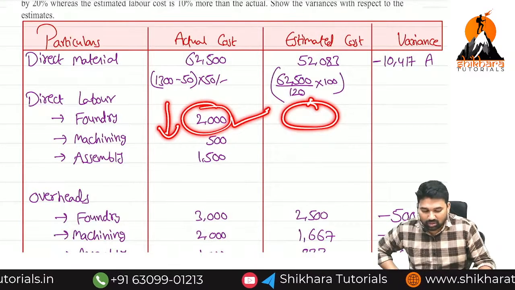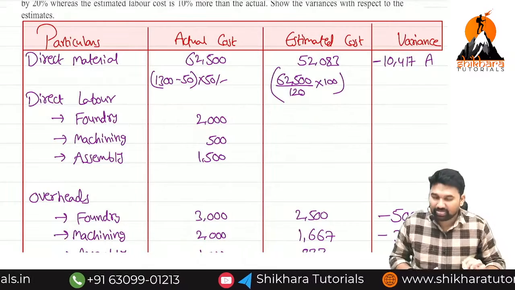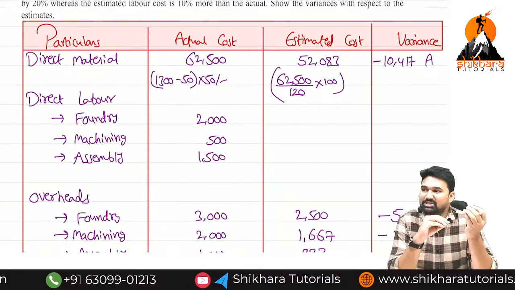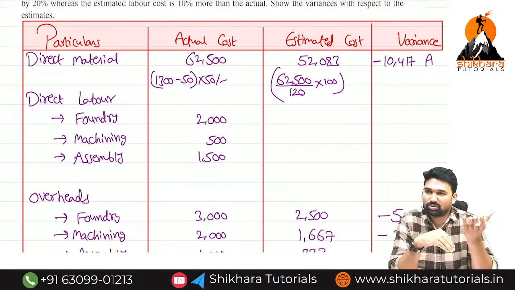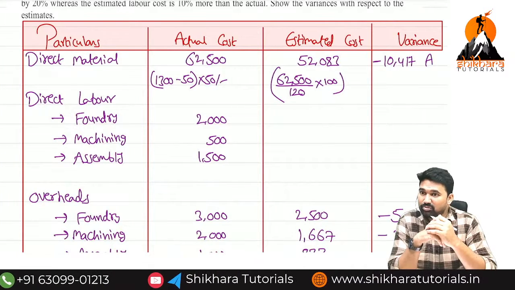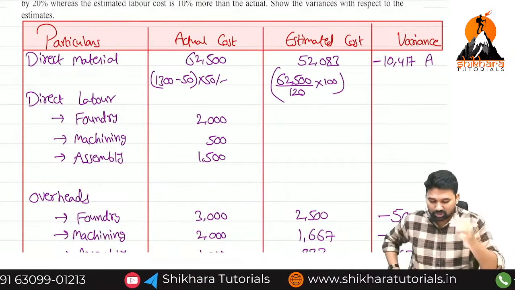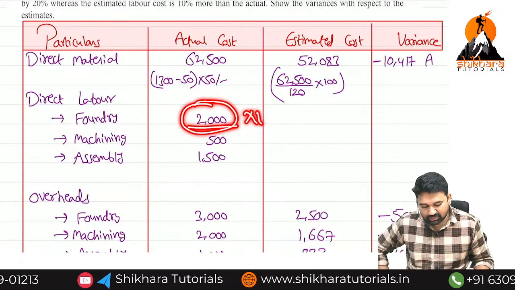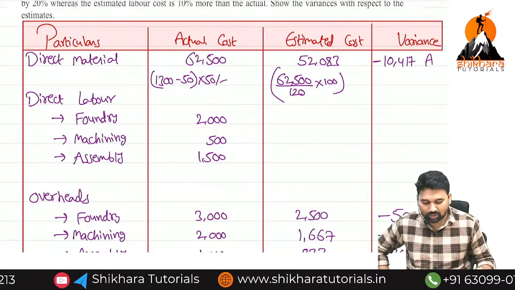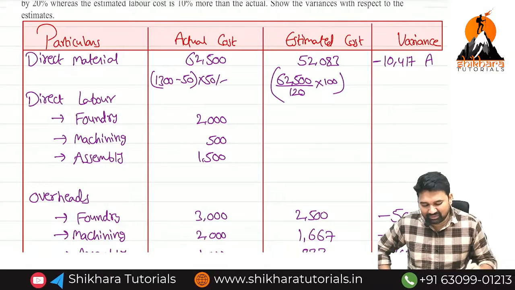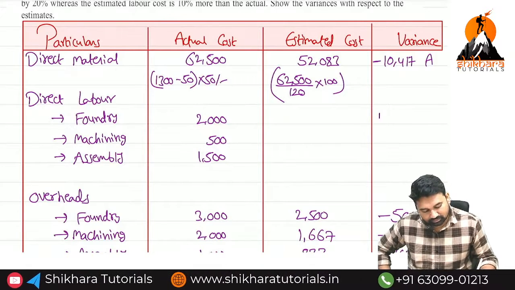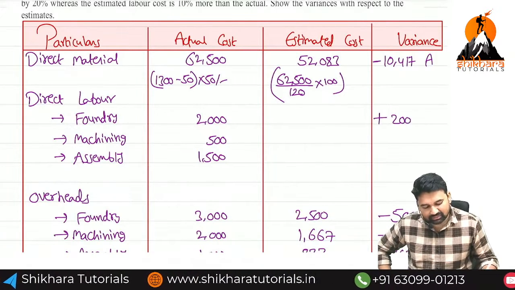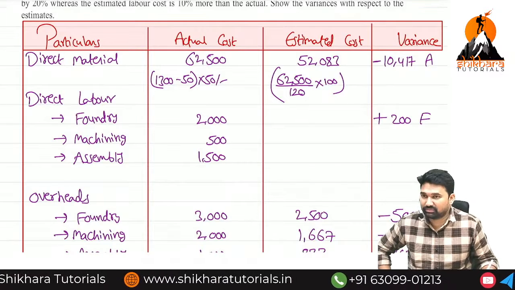Now listen carefully. The estimate is 10% more. So 10% of 2000 is how much? 200. So we can simply write plus 200, favorable situation.